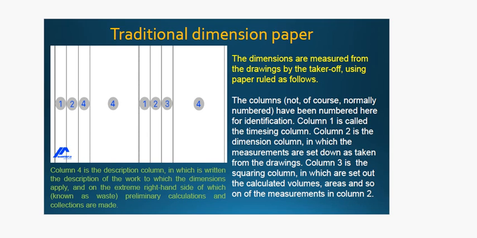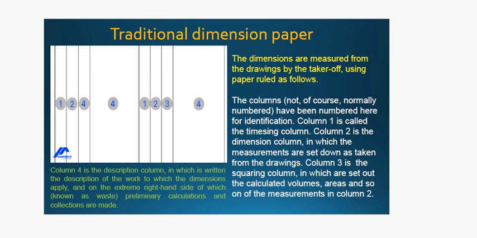Traditional dimension paper, as has been presented there, as the name suggests, are the papers that are specially made or ruled, and they are relied upon in terms of taking off.